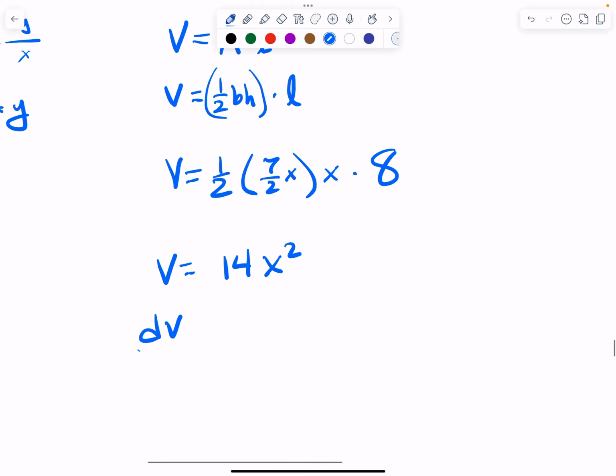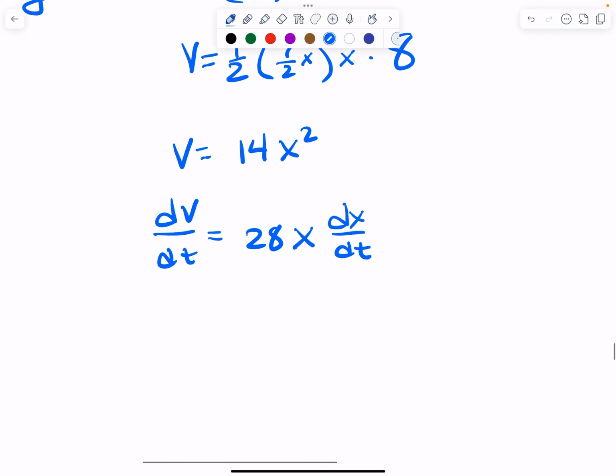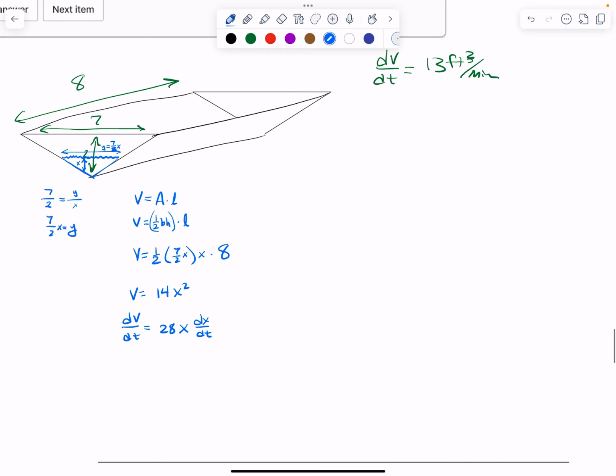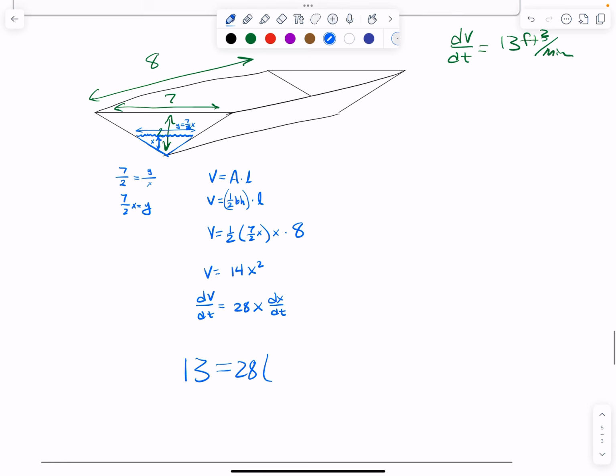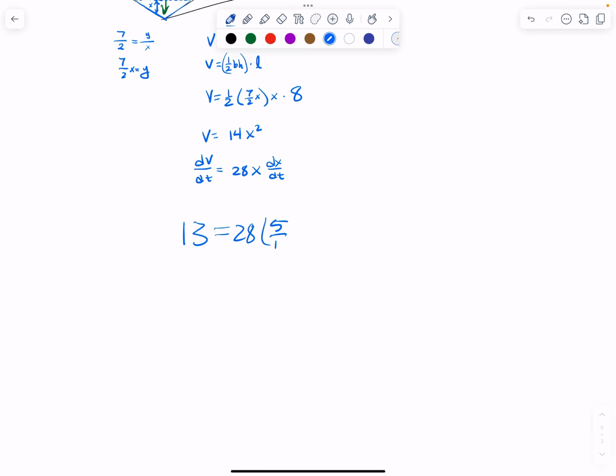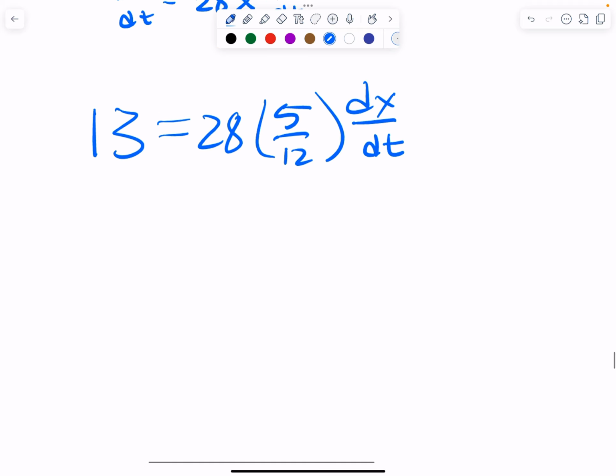Now, the rest of this is pretty rote. I'm pretty sure you can do the rest yourselves. Let's see, dV over dt we know is 13. 28 times x here is 5/12, because that's the depth at this moment in time. And let's see if I can solve this thing.